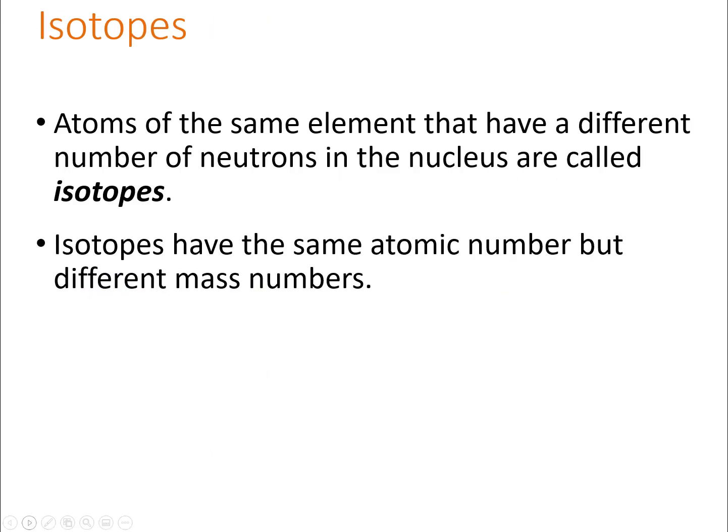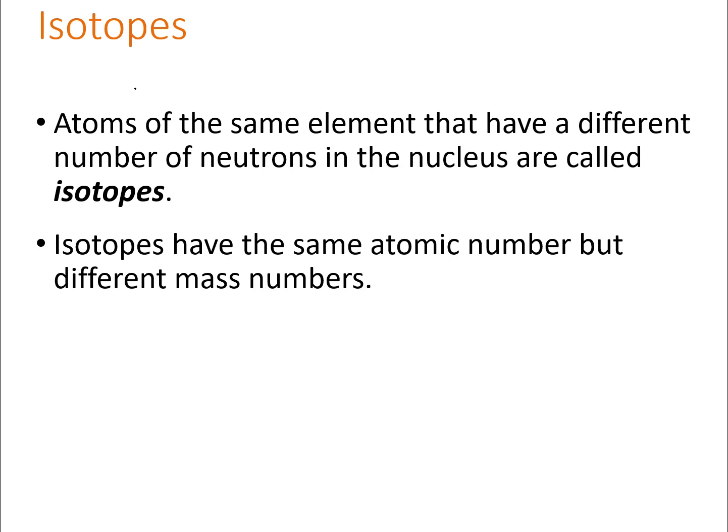One more concept and then we're going to do some practice. One of the reasons why we need to use atomic notation is because of the existence of isotopes. If you've got a group of atoms that are all the same element but have a different number of neutrons, those are isotopes.